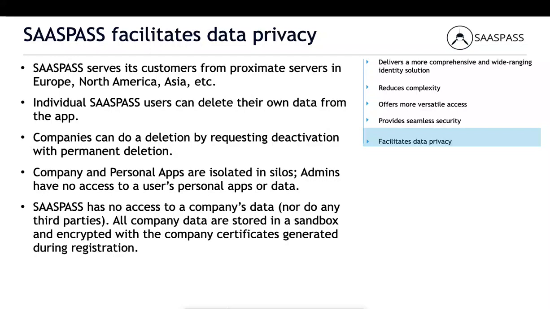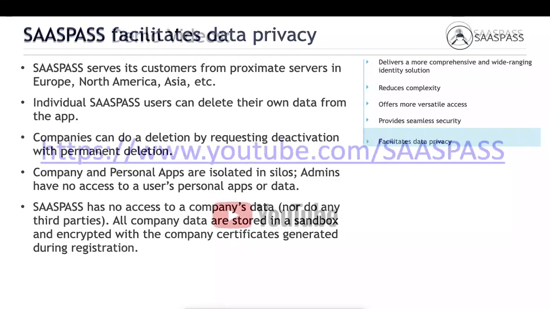So all the data in the database are encrypted with those certificates, and even when the SAASPASS DB admins look at the database, or anybody does, since SAASPASS has a lot of security levels and layers, even if anybody were able to reach that data, it would be useless because it is encrypted with high standard, enterprise-grade encryption.